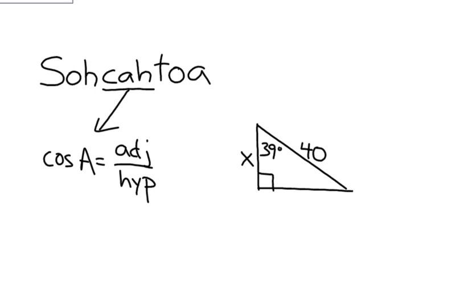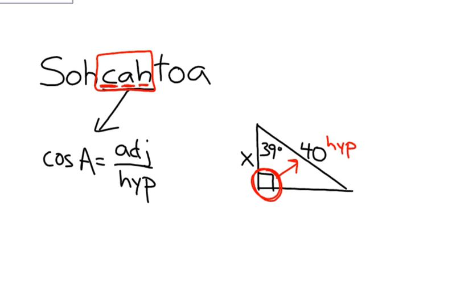Cosine is hidden in the middle of SOHCAHTOA. It's telling us that the cosine of an angle is the adjacent side divided by the hypotenuse. This problem uses cosine. Here's why. It uses SOHCAHTOA because it's a right angle. Across from the right angle is the hypotenuse.